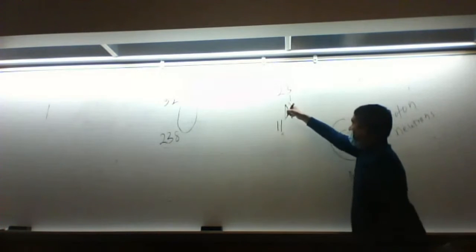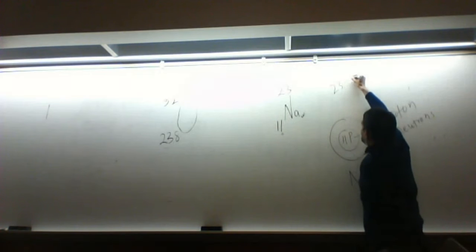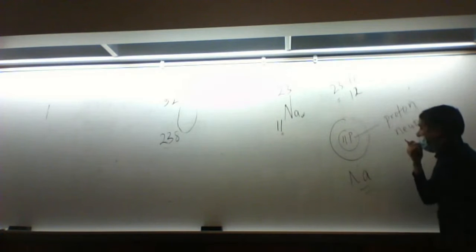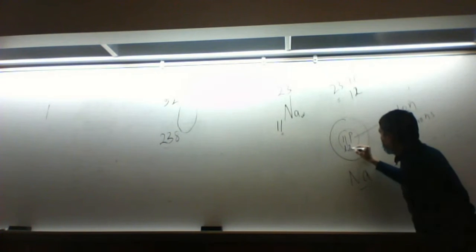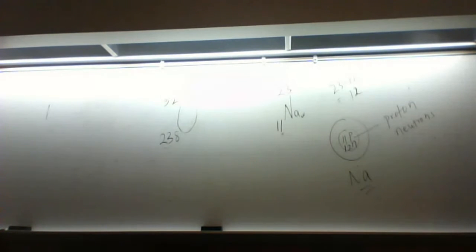And this means, you subtract from here to here, 23 minus 11, and you get how much? That is 12. So it has 11 protons and 12 neutrons. Make sense?